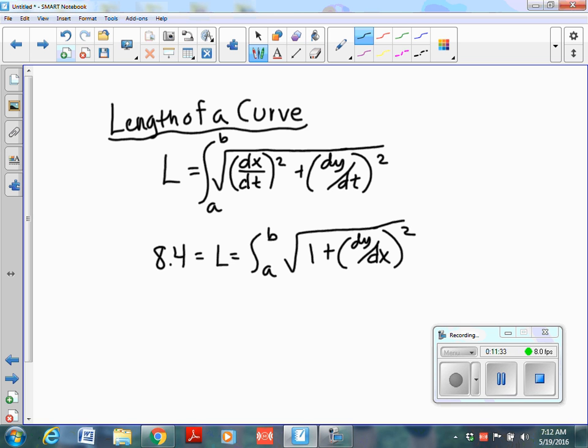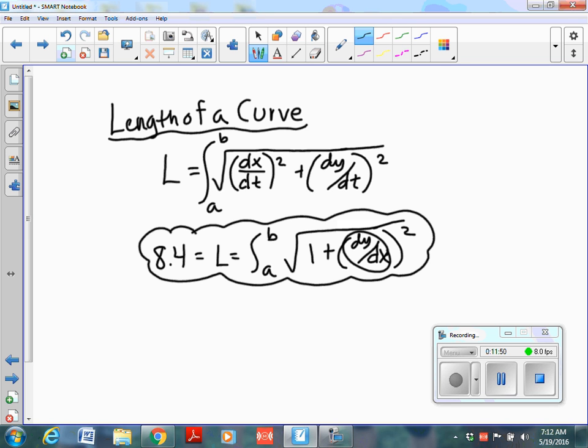Do you remember that formula from 8.4? Well, it's very similar to that, except you don't just have one derivative, you have to take both of them in this formula. So I'm just going to erase this, or let's just leave it. So this was 8.4, but now we're doing the length of a curve of a parametric equation.